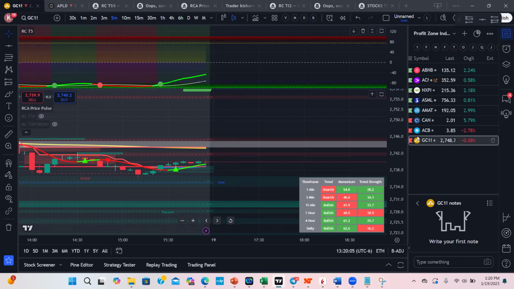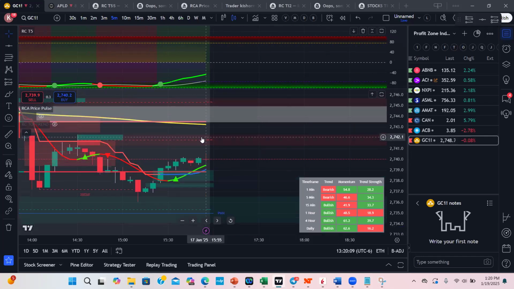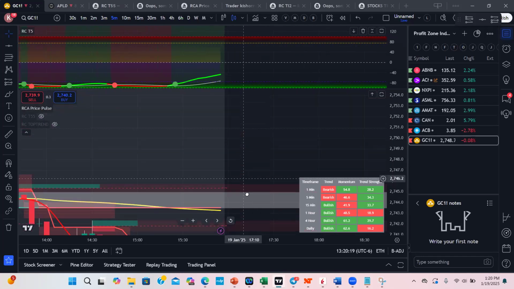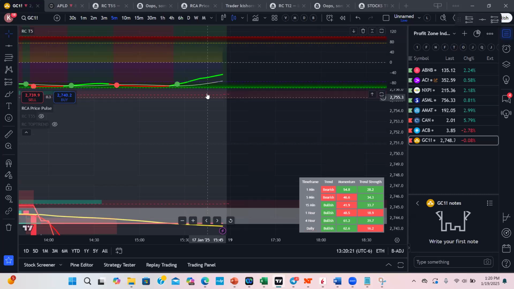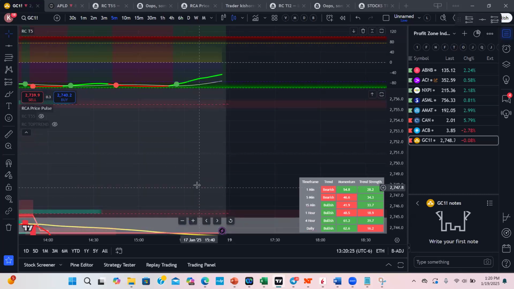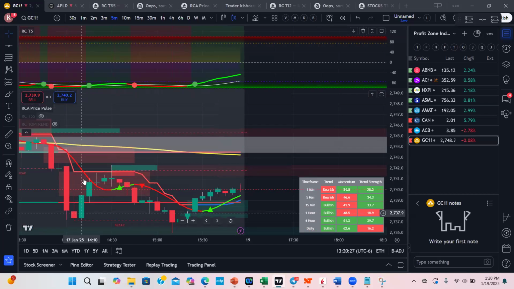Look at the higher time frame and just focus on the higher, right? It may go all the way to here and then drop. So if you're a quick scalper, you have to book profits quickly. You should not think like, oh, it will go all the way here, or wait for it to go all the way to the top. Right? Only when it is very bullish, it will go all the way to the top. If it is bearish, it will come down, do a small pullback, come down, do a small pullback.